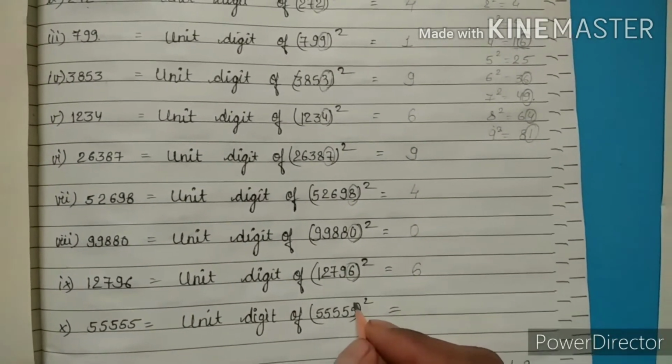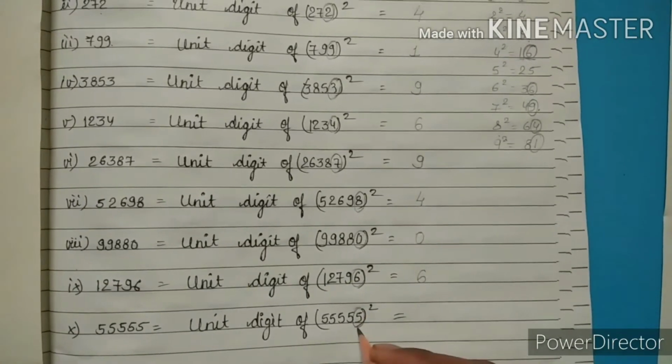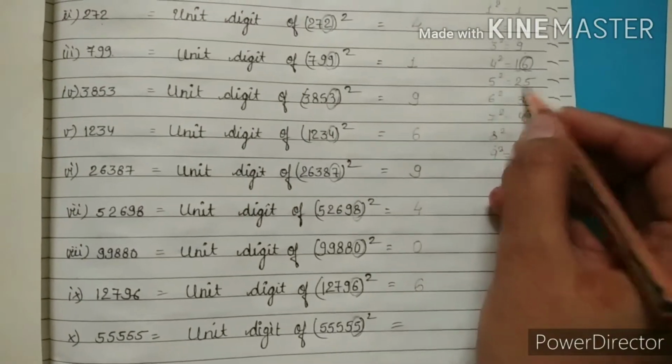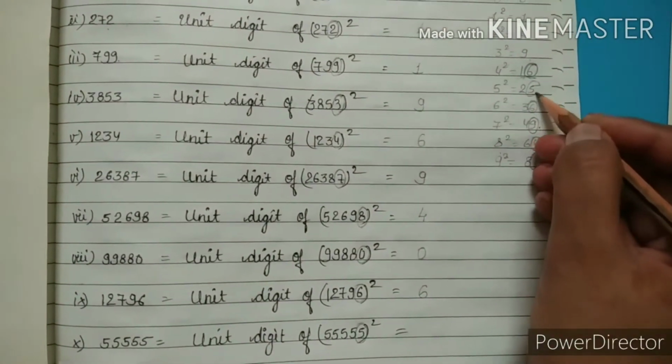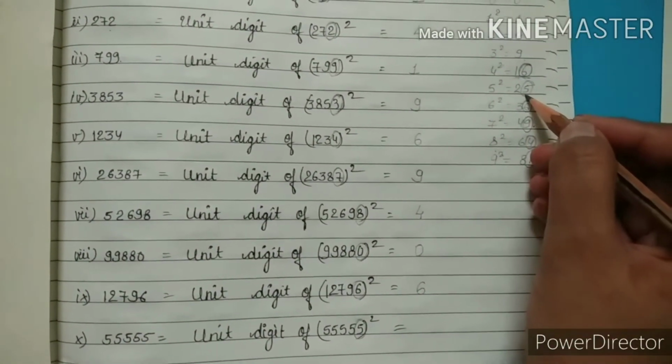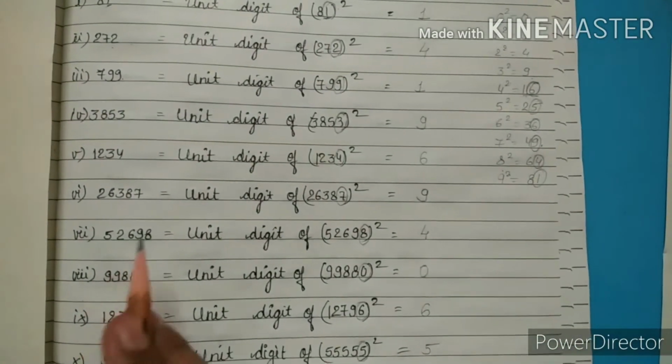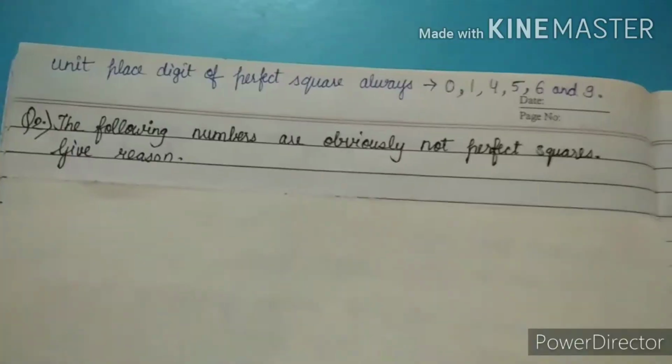As you can see from the previous ones, 5 is the unit digit. When we take the square of 5, it gives us 25. In 25, 5 is the unit digit. So 5 will be the answer of the 10th part of question number one.